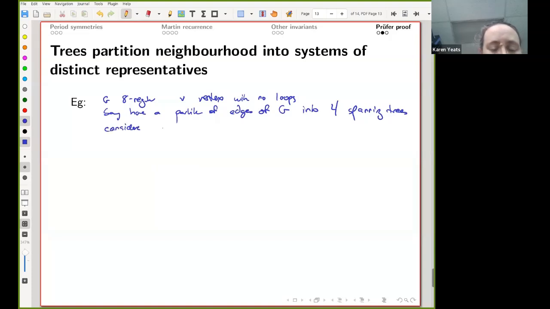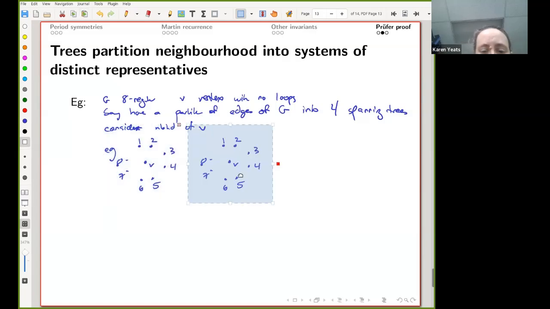Consider what's going around V. Consider the neighborhood of V. And so here's an example of one thing that could happen around V. It'll be useful later to number these guys: 1, 2, 3, 4, 5, 6, 7, 8, and this is V. So here is the neighborhood of V. I've just labeled them because that'll be convenient.